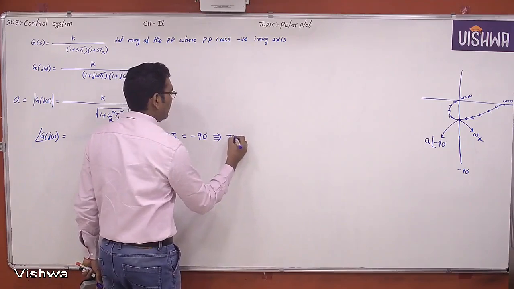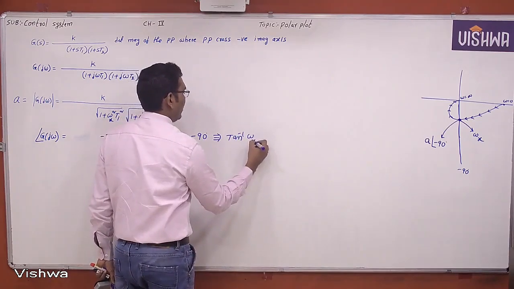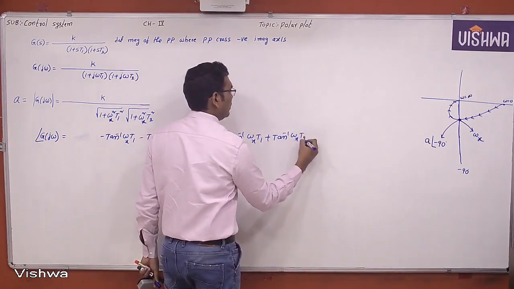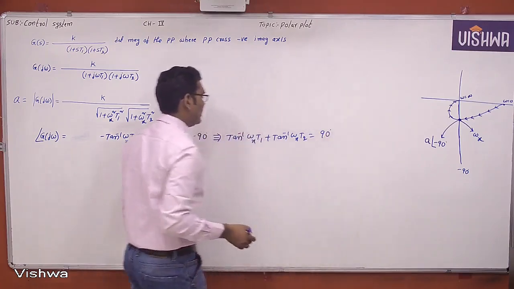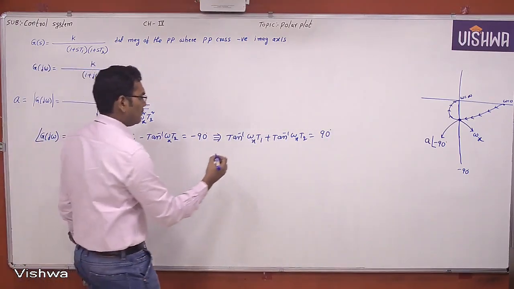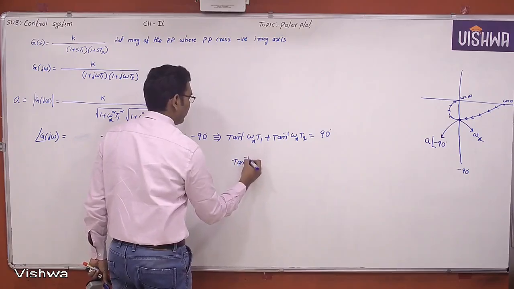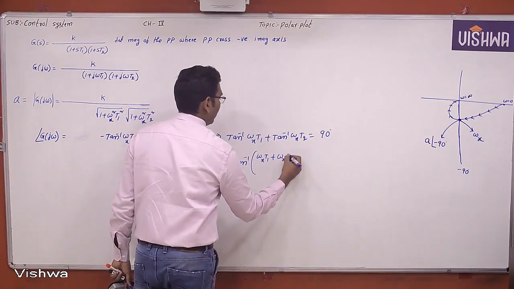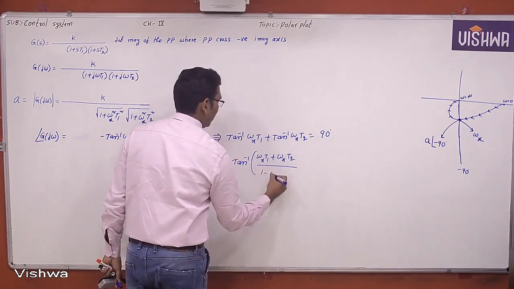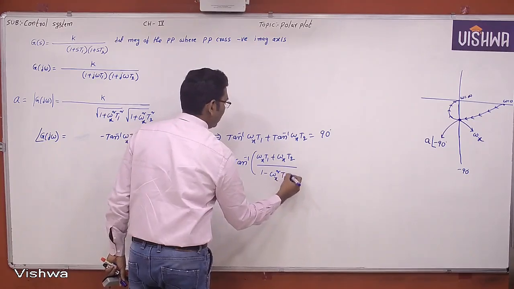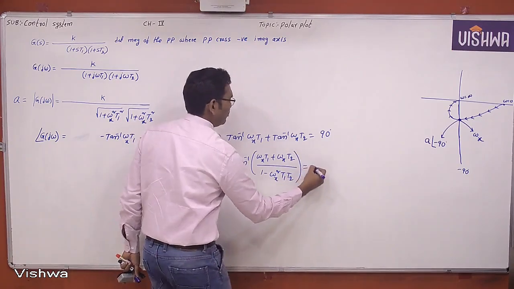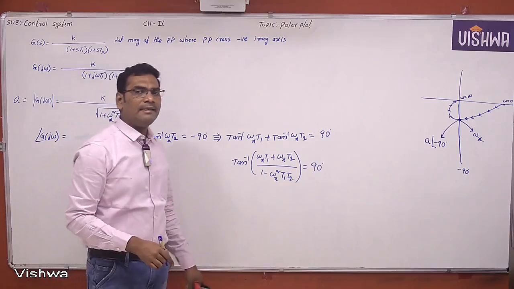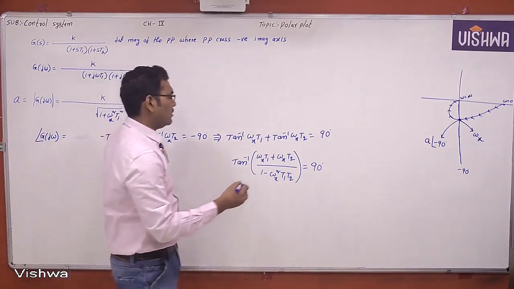Minus minus cancel: tan inverse omega x T1 plus tan inverse omega x T2 equals 90 degrees, minus minus cancel. Tan inverse A plus tan inverse B gives tan inverse of (omega x T1 plus omega x T2) by (1 minus omega x square T1 T2), which is equal to 90 degrees. Going to that side, tan 90. Tan 90 means infinity, and infinity means 1 by 0.